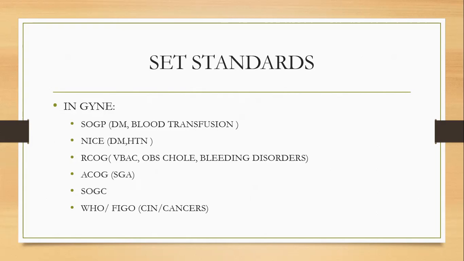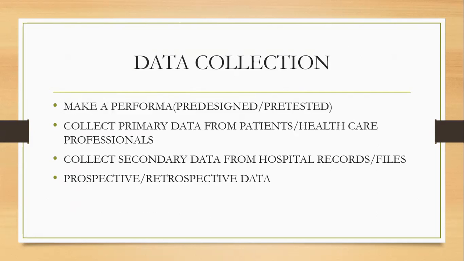RCOG guidelines include VBAC, HELLP syndrome, and bleeding disorders. American College of Gynecology guidelines are for fetal growth restriction of the SGA, Society of Gynecology of Canada, and the cancers, and the same guidelines are from FIGO and the WHO. So please, you should know which guidelines belong to which topic. Please do not confuse, otherwise it will lead to deduction of your marks.